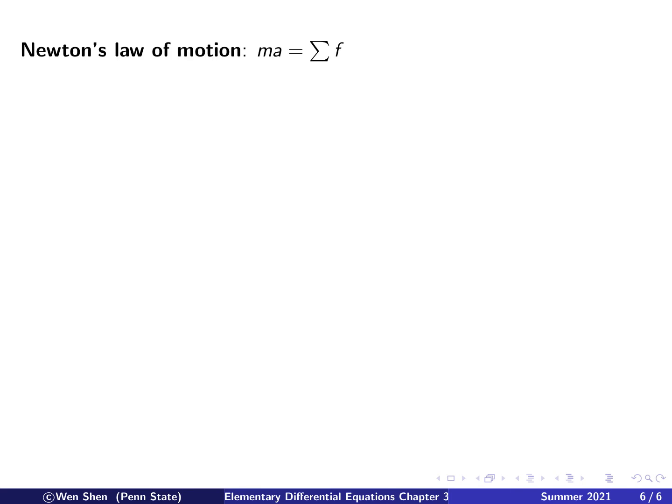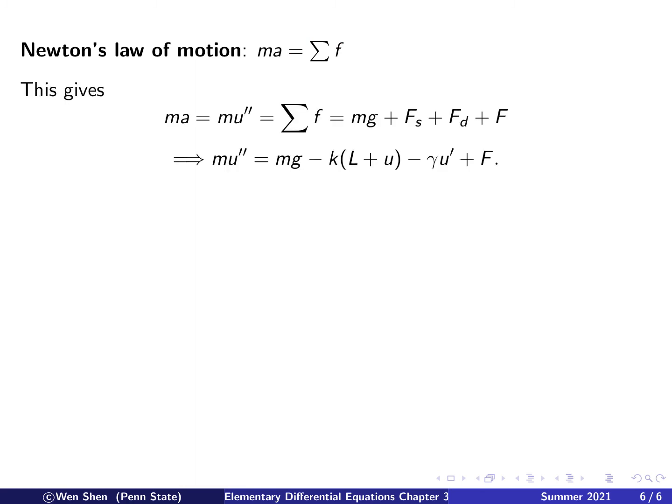Then to study the motion of the spring mass system, we apply Newton's law of motion. Newton's law says the acceleration times the mass would equal the total force on the mass.